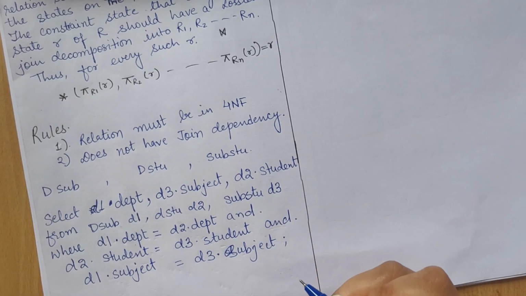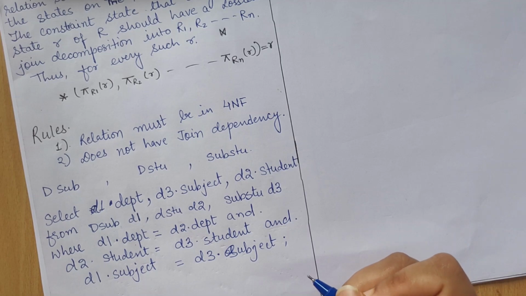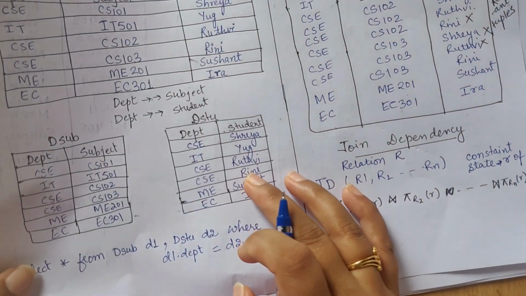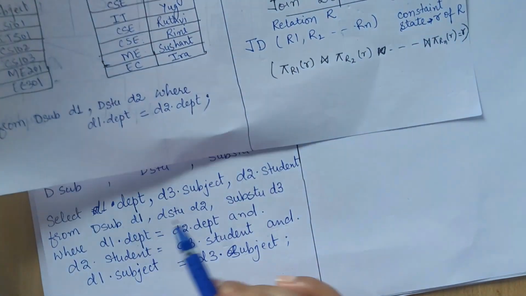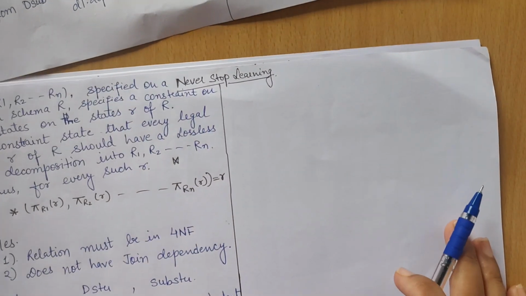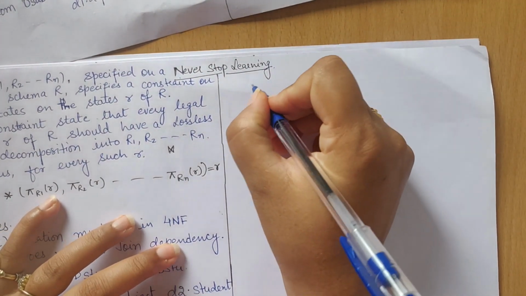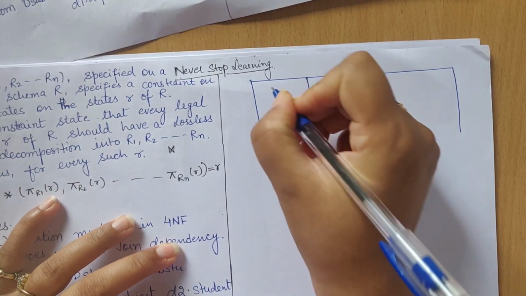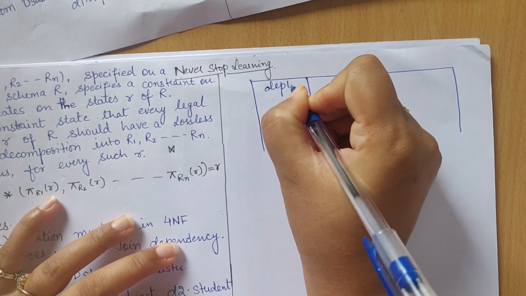So what will happen now when I try to join these tables, how will it work? Now two tables already I have. So first it will select department from the first table. So let me create the table here. We are getting department.